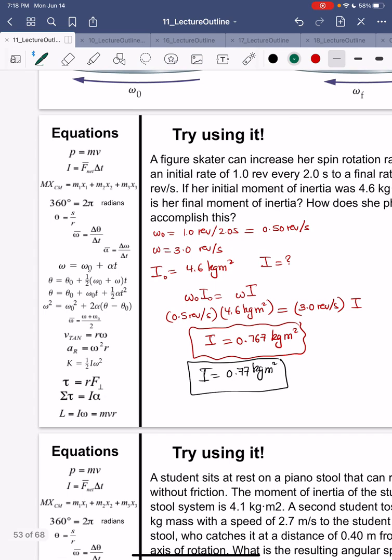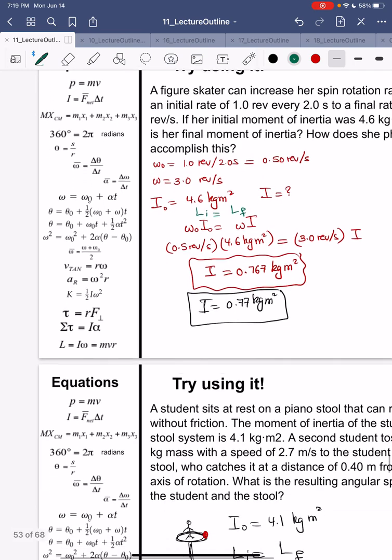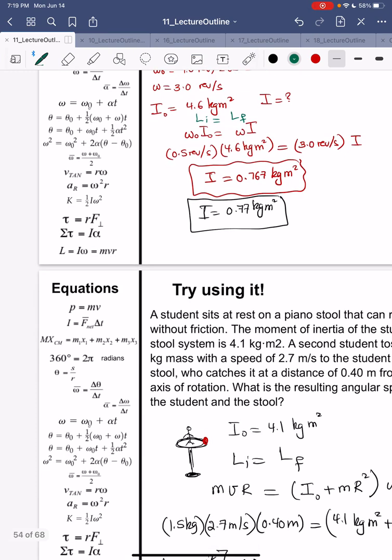I made L initial equals L final. Then omega 0 I 0 should equal omega I, and from that I can find that I is going to be 0.767 kilograms meters squared. For the sake of significant figures, I rounded it to 0.77.